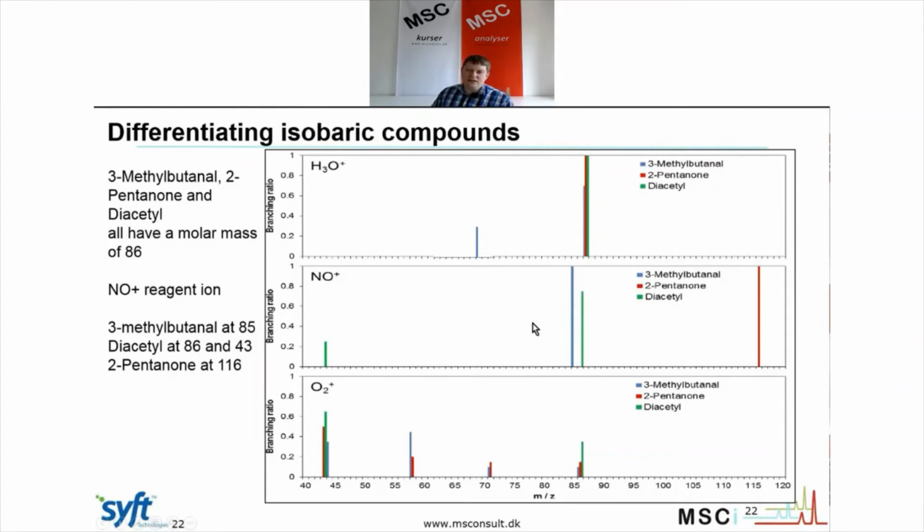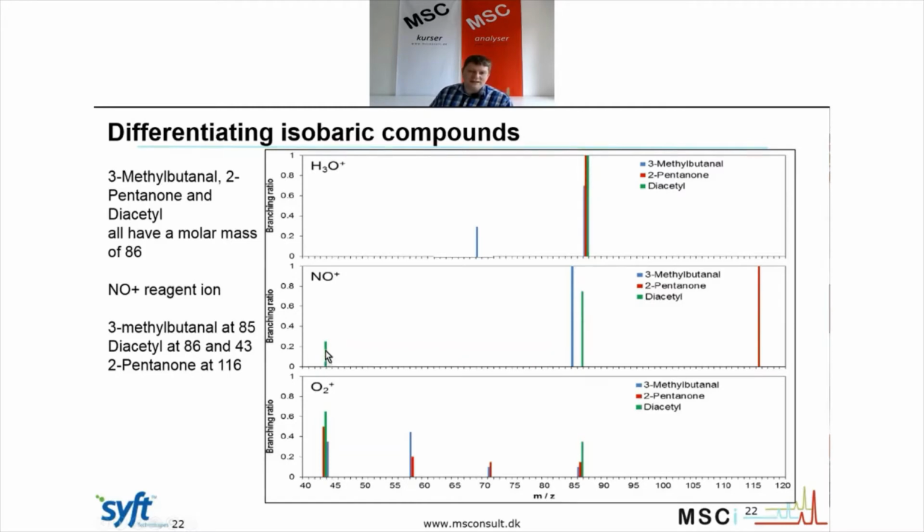However, with NO+, we get different reactions for each compound. 3-methylbutanol, that's an alcohol, had hydride abstraction, so we find it at 1 mass over charge less. Diacetyl just has electron transfer, and we can see it's actually dissociative electron transfer.